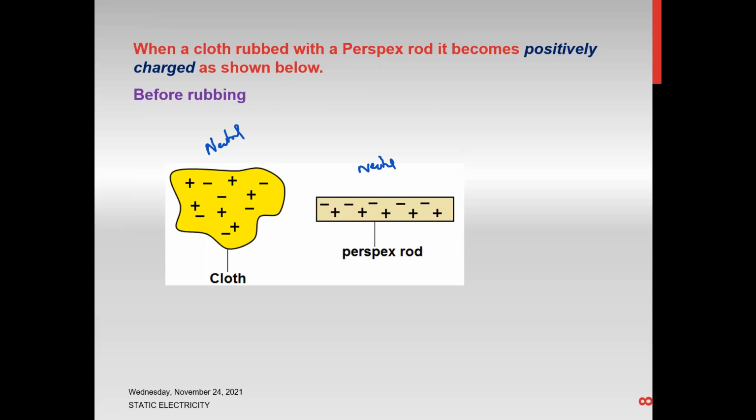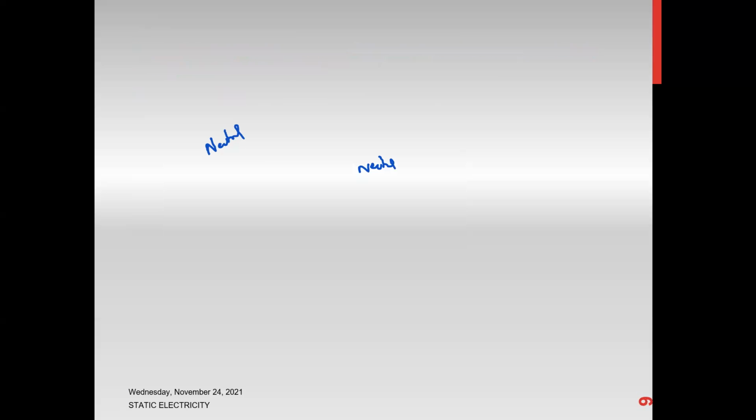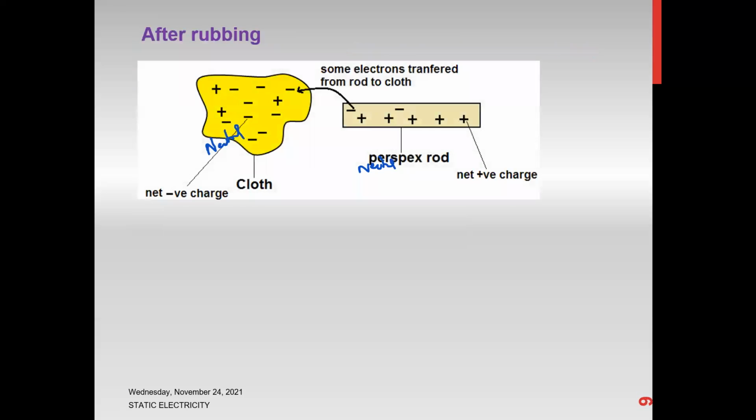But this is before rubbing. When we rub them together, it allows the electron to jump from one surface to another. In this example, the electron jumped from the glass rod to the cloth. Because the rod is losing electrons, what will be the net charge?